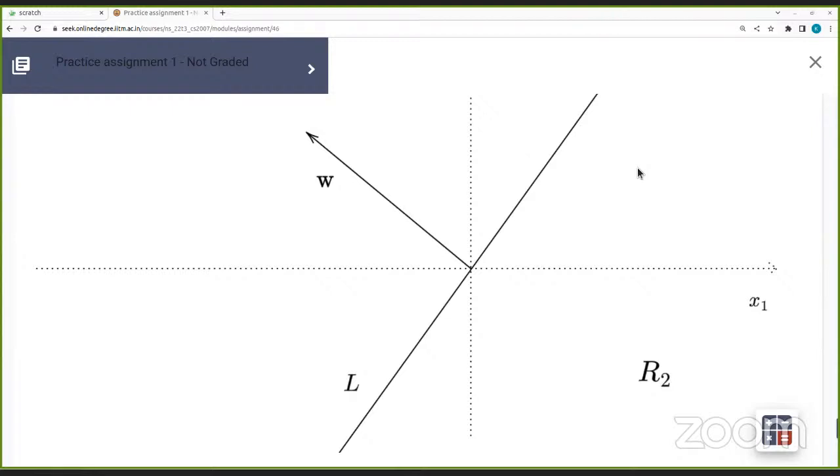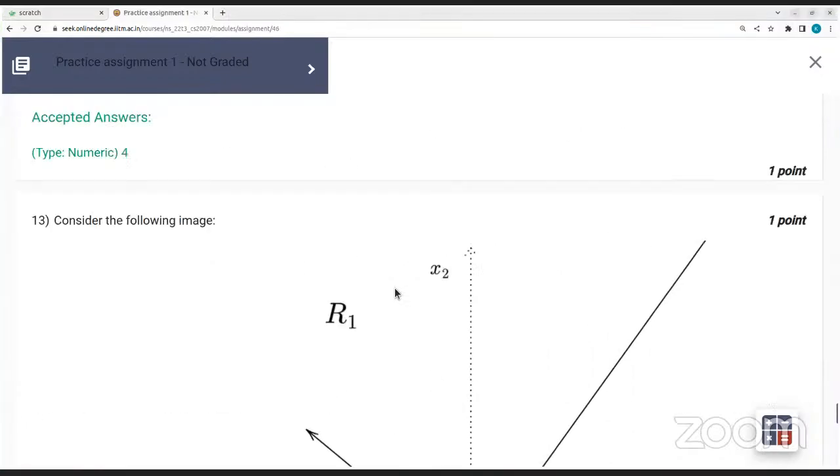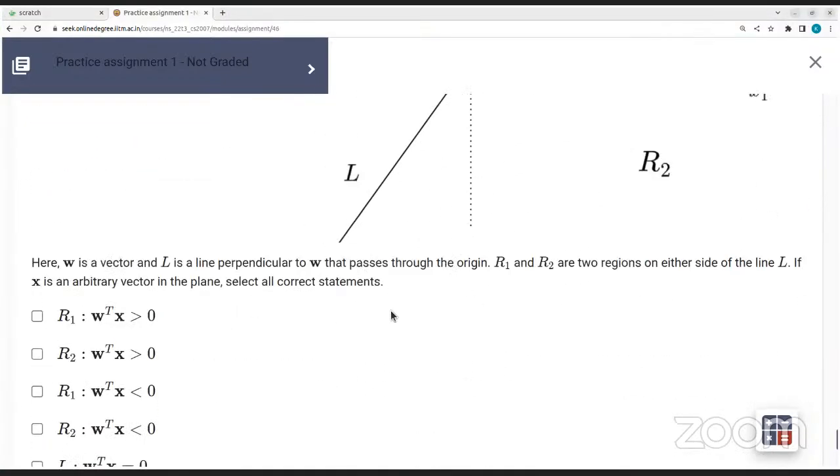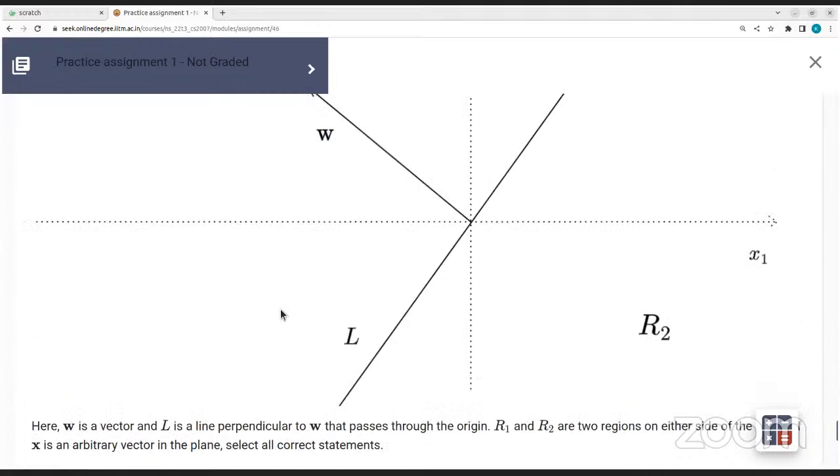In graded assignment question 5, the reconstruction error is always the square of the length. Where is X? Can I assume anywhere? Here X is. So you have to characterize this region, right?